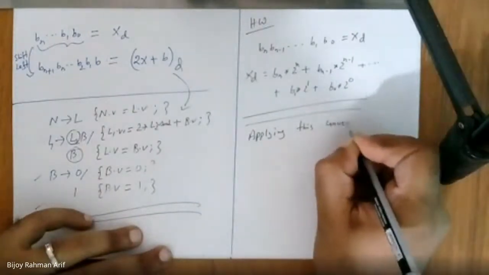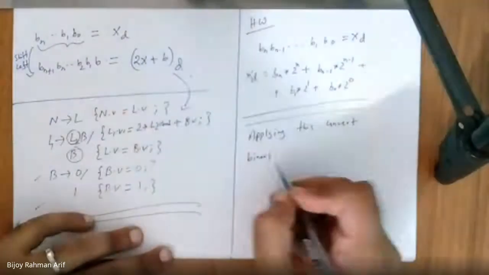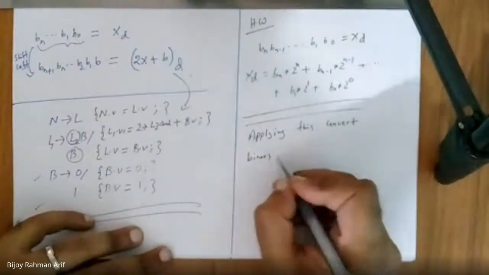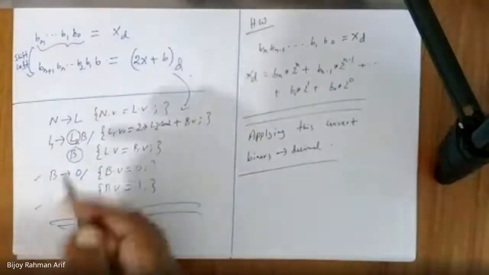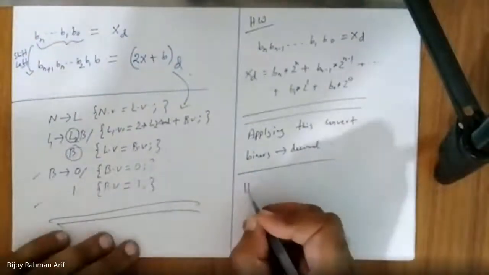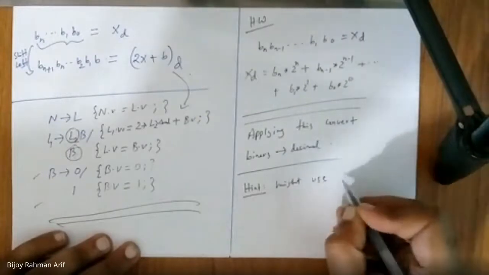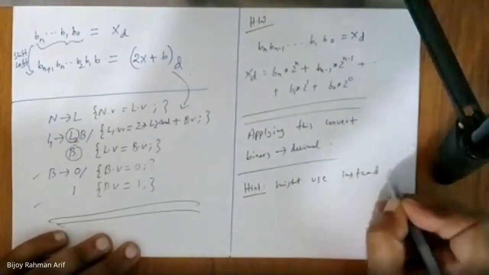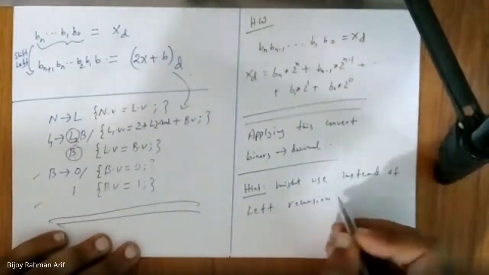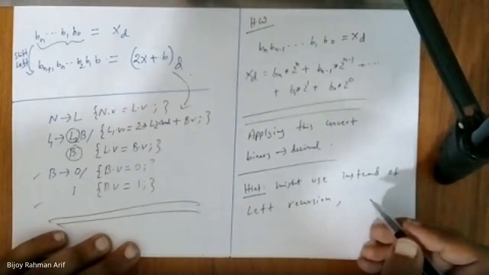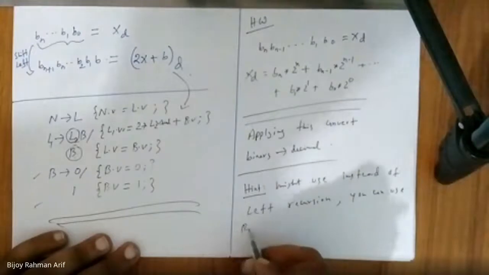Instead of applying this, apply the new approach to convert binary to decimal. So you might require to change this grammar a little bit. The hint is like this: instead of left recursion, use right recursion.